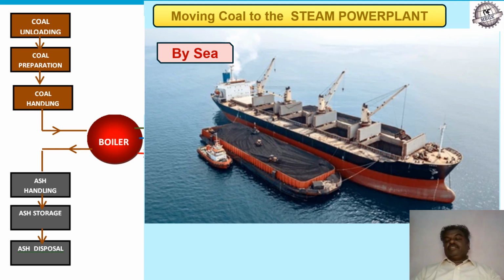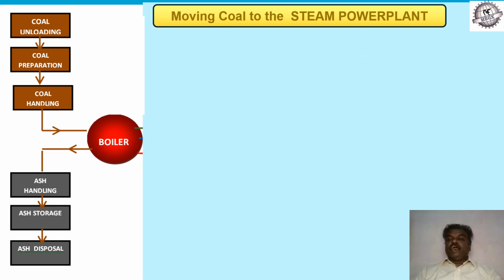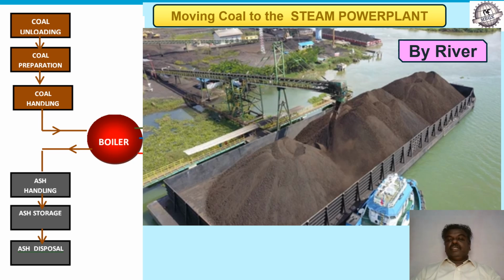And if the power plant is closer to the sea, you can move the coal by means of ships, by means of cargo ships. And from the ships, the coal could be transferred to the power plant. And if the power plant is located closer to a river network, you can take advantage of it. The coal could be moved by means of barges in bulk in huge quantities.